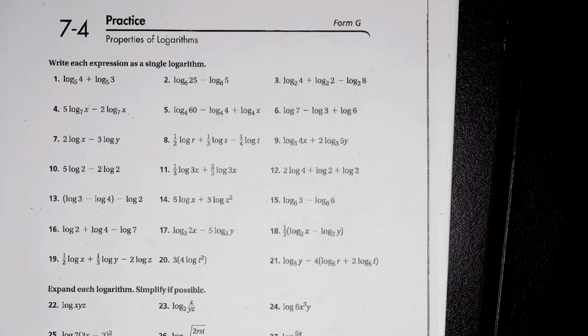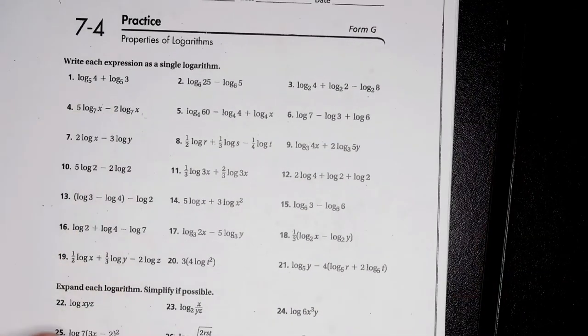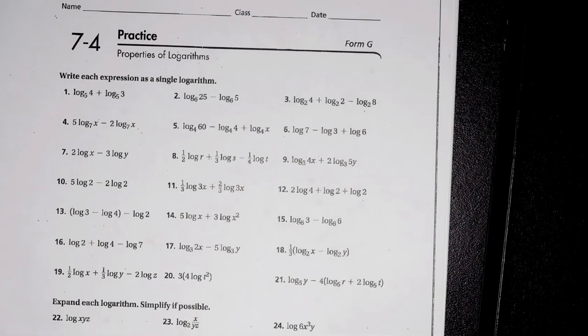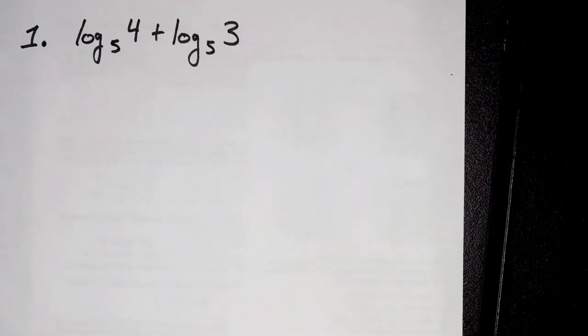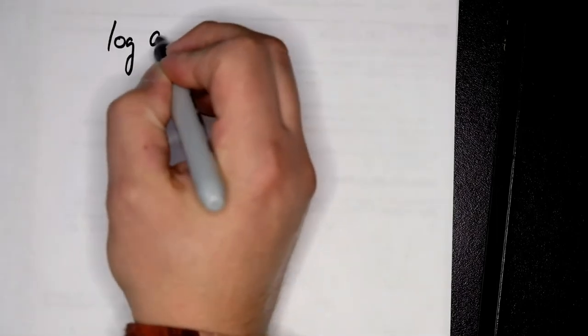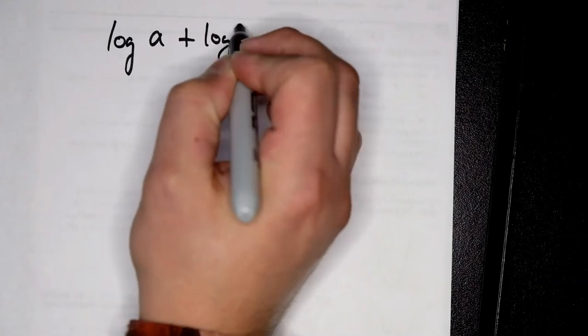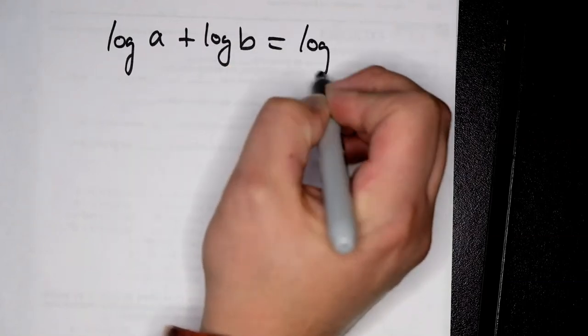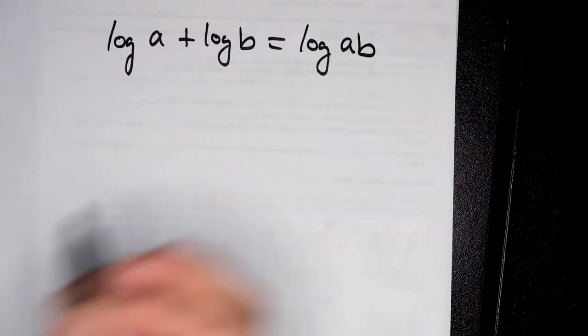So this first one right here is the log base 5 of 4 plus the log base 5 of 3. That's what I'm going to work out. And we know that with logarithms we have some properties that we can go through. In fact, let's go ahead and write those down. Again, we've got the log of a plus the log of b is equal to the log of a times b.